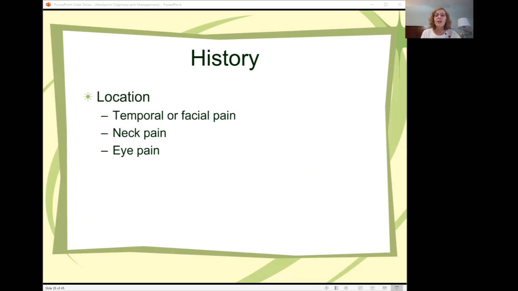The location of pain can also guide us to the cause. Unilateral temporal or facial pain can indicate giant cell arteritis, keeping in mind that trigeminal neuralgias or sinusitis can also cause unilateral facial pain.